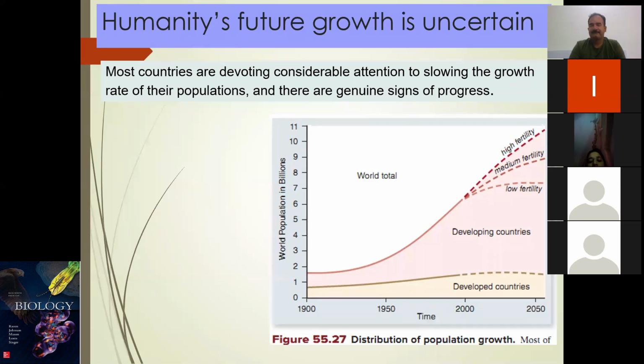Otherwise, if the population growth rate remains the same, it will continue the depletion of environmental resources on this planet. And future generations will never forgive us that we have consumed resources of their part.